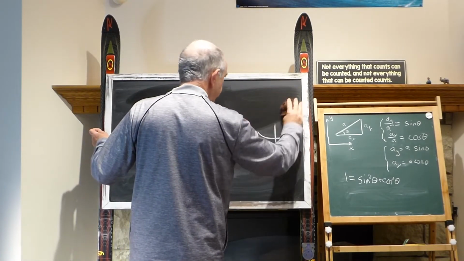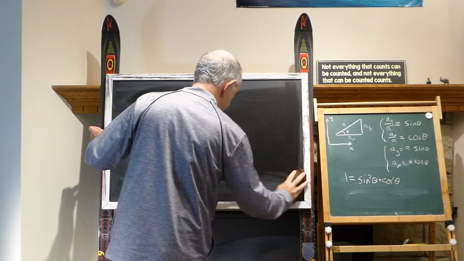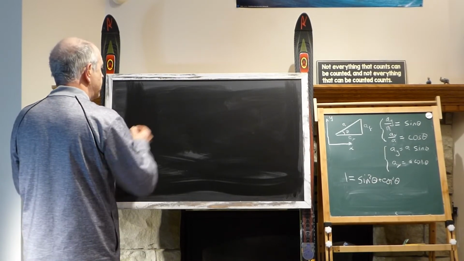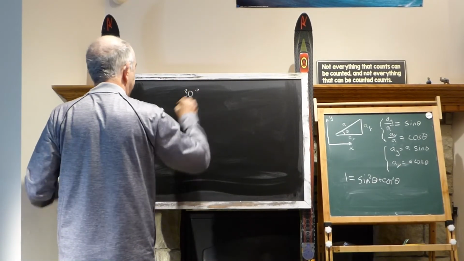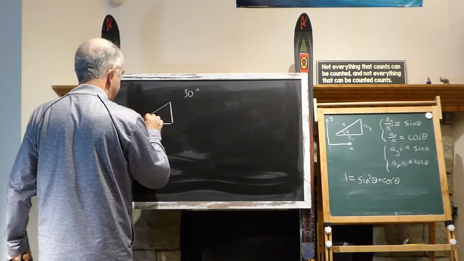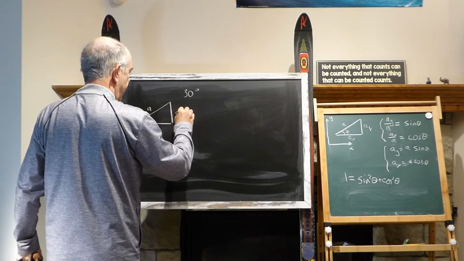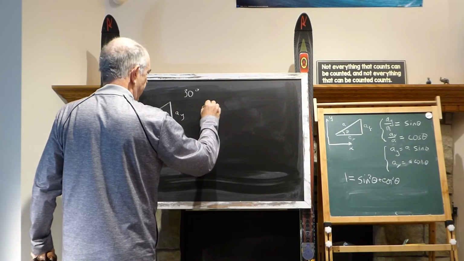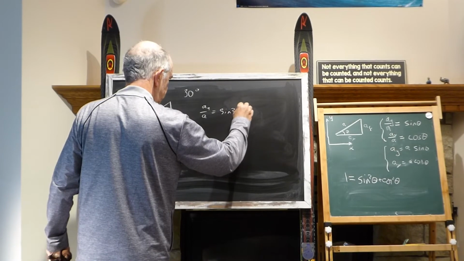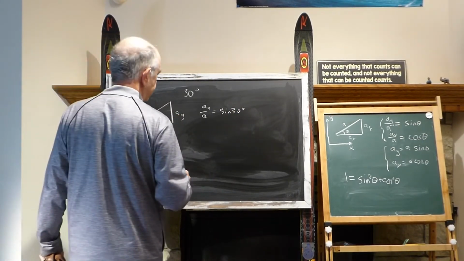So now, to finish this, I will go to 30 degrees. And remember last time there was a triangle, this was 30 degrees, this was A, and this was AY, and AY over A was sine 30 degrees, and AY was 1/2.